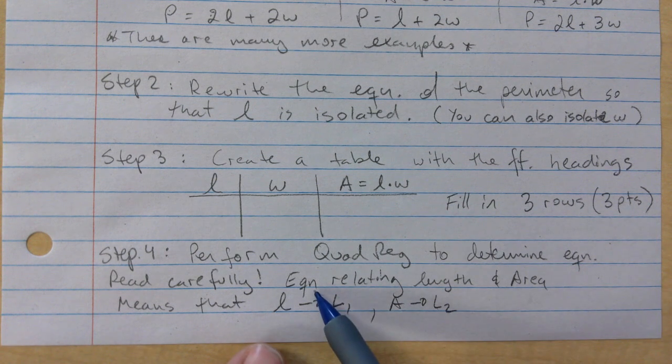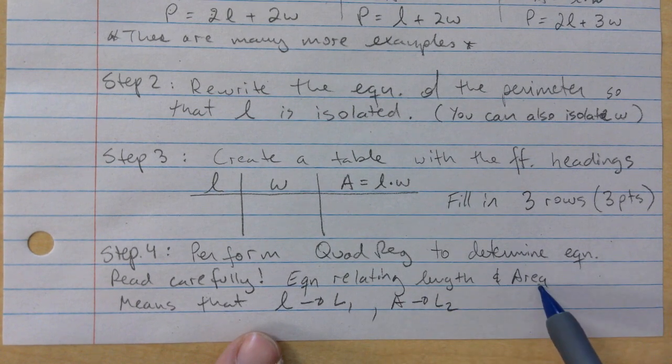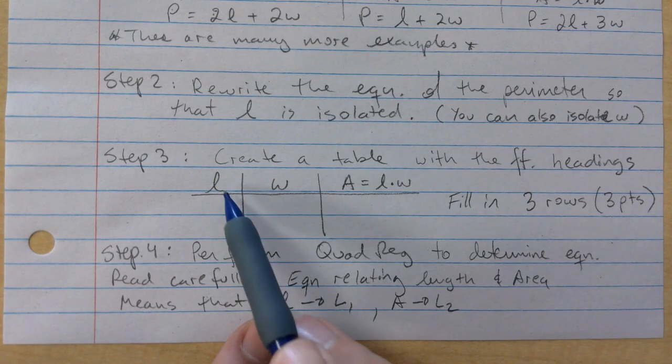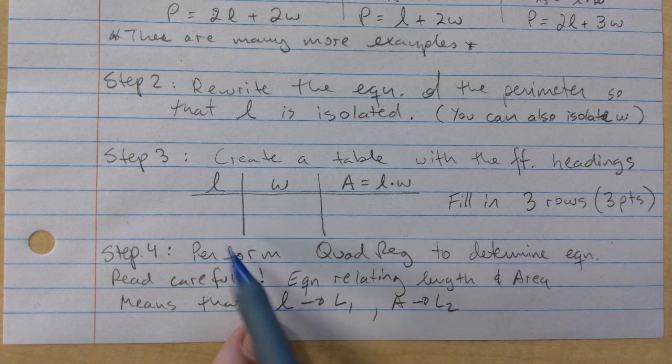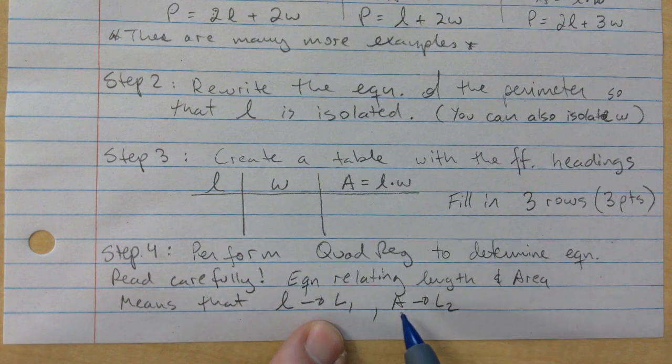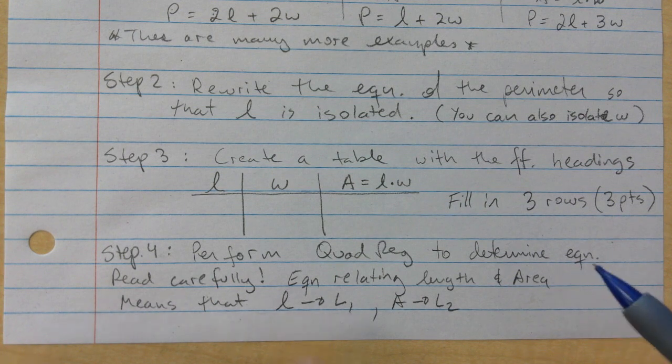If it's asking for the equation relating the length and the area, then you'd have to take the length column, like the numbers you're going to have in length, put that into L1, and put area into L2.